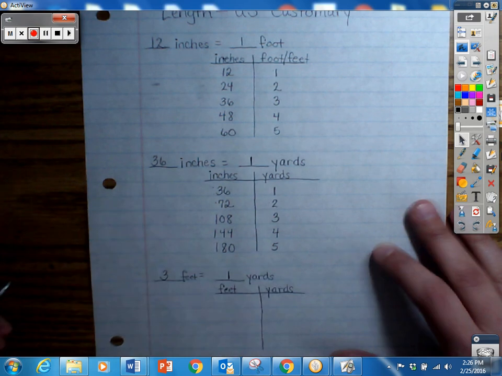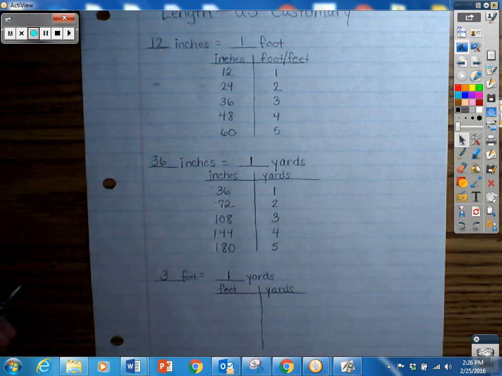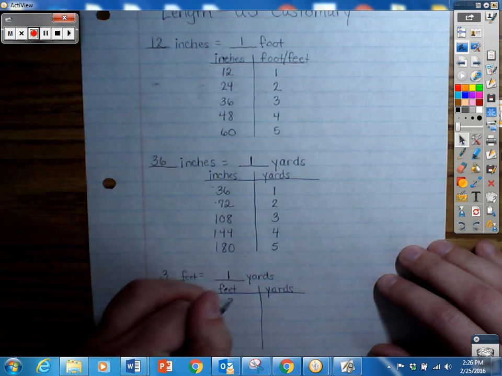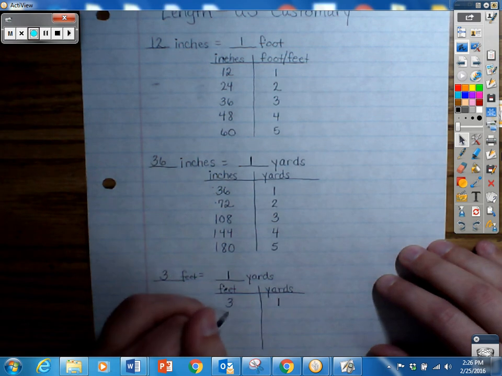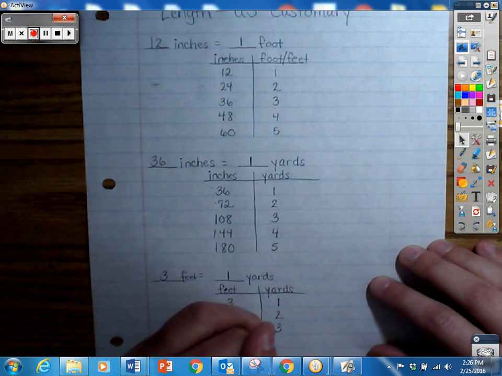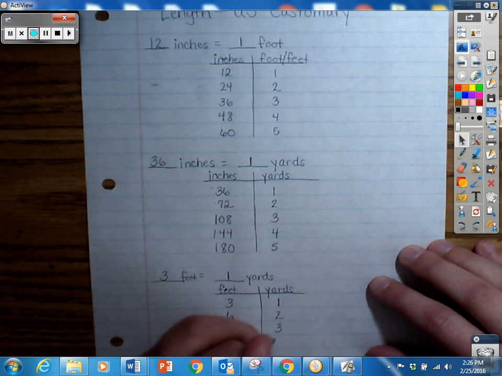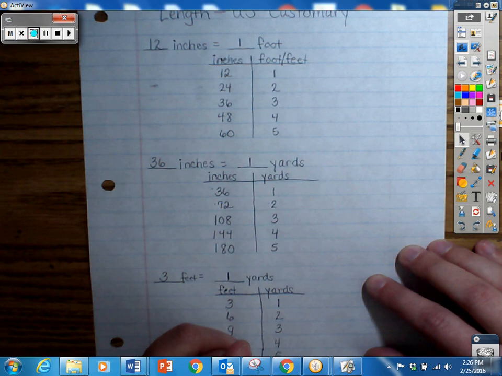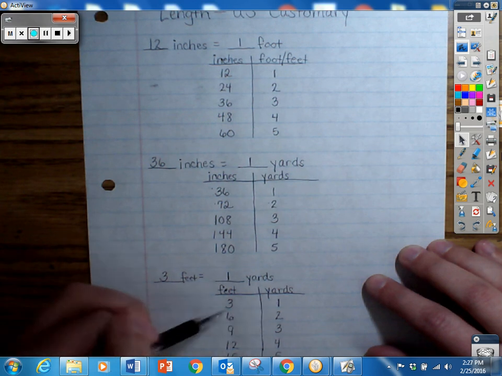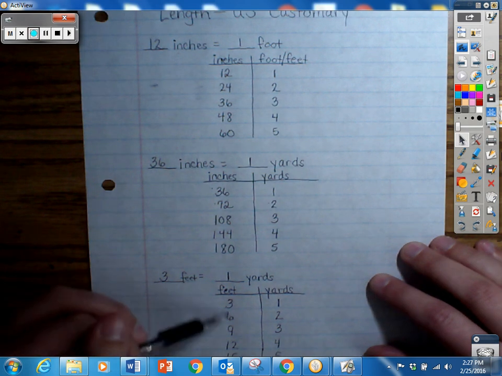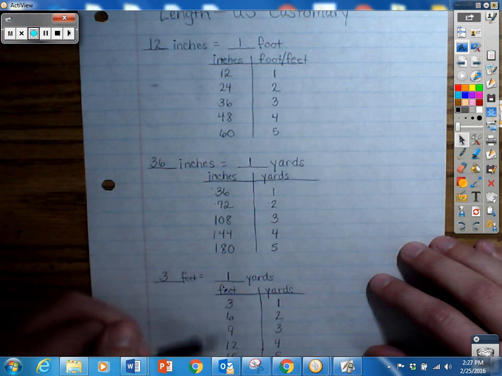Again, if we know our knowledge of multiples, this will be a very easy T-chart to create whenever we have a problem. 3 feet, 1 yard. 6 feet, 2 yards. 9 feet, 3 yards. 12 feet, 4 yards. 15, 5 yards. 3 feet is 1 yard, 6 feet, 2 yards, and so on. Again, multiples of 3. If we know 3 feet is in 1 yard, we can do multiples of 3.